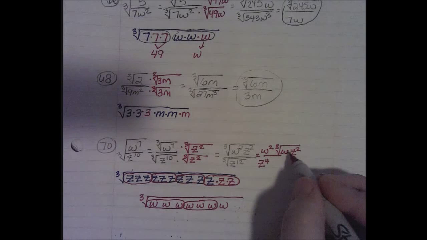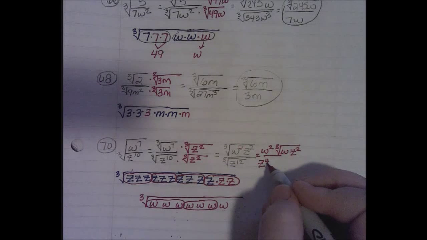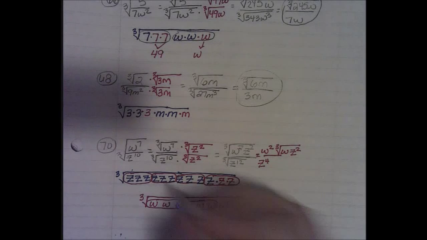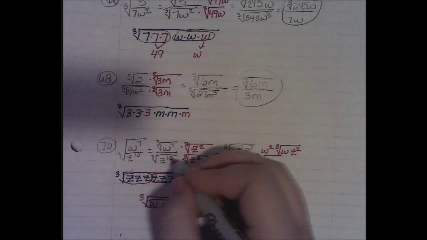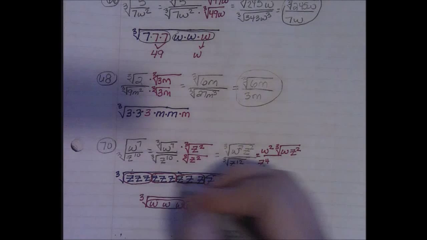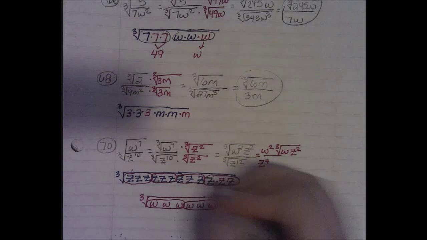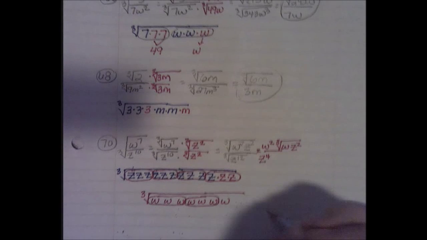So that's why 1 stayed inside. 3 went into 12 4 times, so that's why 4 came out. So if you looked at the beginning, when we had the cubed root of z to the 10, well, 3 goes into 10 3 times evenly, which notice how we had these 3 groups of z's, and then we had 1 z left over. That's how we could have done that mentally.